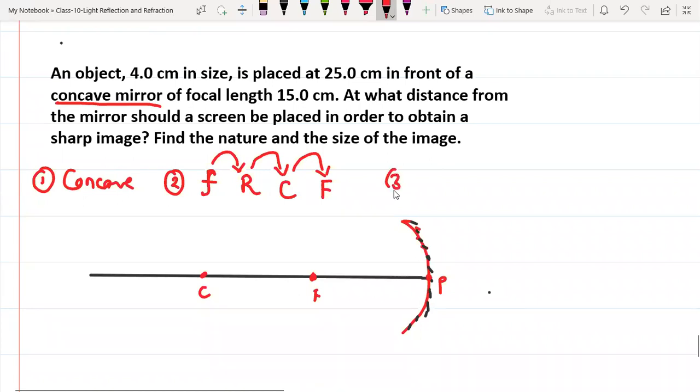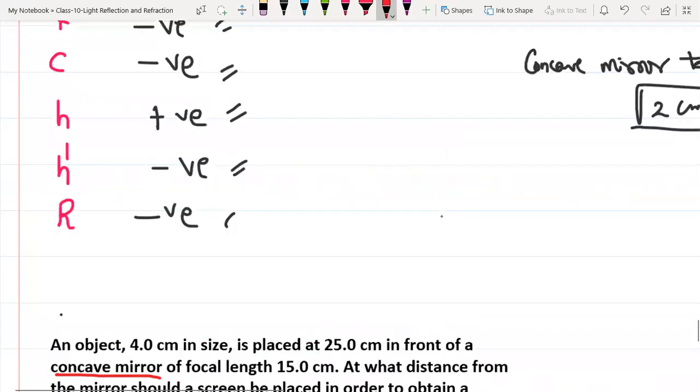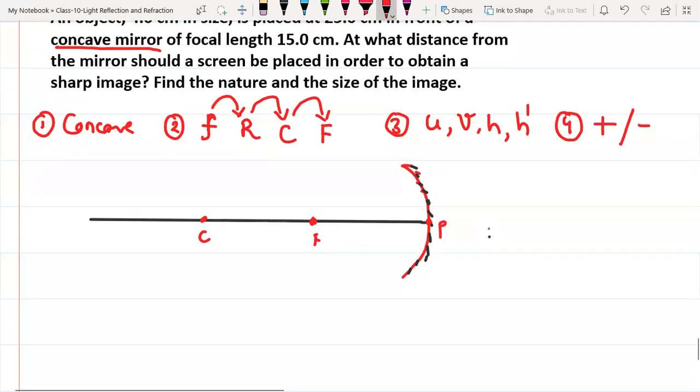Next, third point: mention U values, V values, H values, H dash values. Fourth point, mention which one should be positive and which one should be negative. That's it about the numerical problem in light chapter. If you follow this one, everything will be fine.